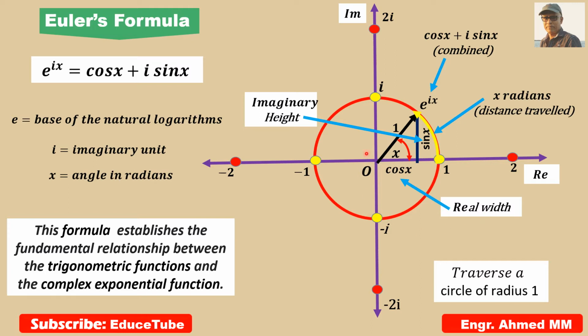So by looking at this figure, we are finding a lot of things. Here I already mentioned real width cos x, and sin x I considered imaginary height. This is the real axis, already I wrote RE. The imaginary axis is IM, and sin x I called the imaginary height, and this is the width.